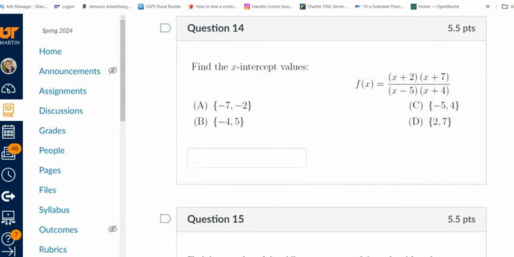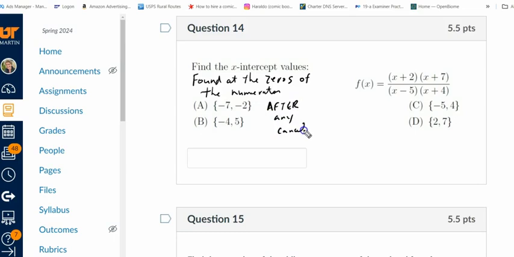All right. Find the x-intercept values. Now, x-intercepts are found at the zeros of the numerator after any cancellation. We can see here there is no cancellation, nothing cancels.